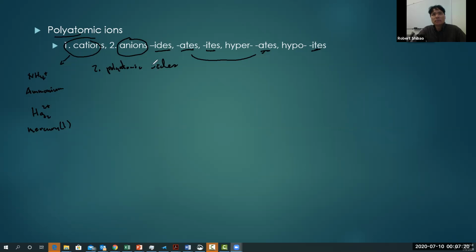We normally think monatomic. And so ide typically means monatomic. 1 atom, like Cl-, that's chloride. However, there are some polyatomic ides that you just have to memorize.